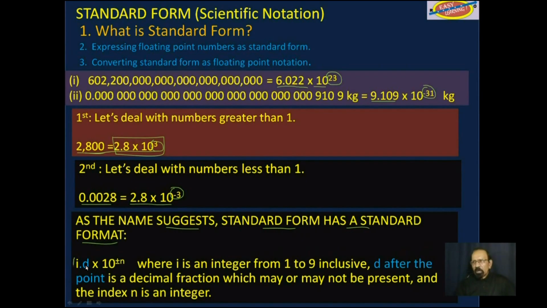So you have a whole number part followed by a point and then a decimal part times 10 to either a plus or minus index, where I is an integer from 1 to 9, inclusive. D after the point represents a decimal fraction, which may or may not be present, and the index n is an integer, meaning it could be positive or negative. So it has a standard format.